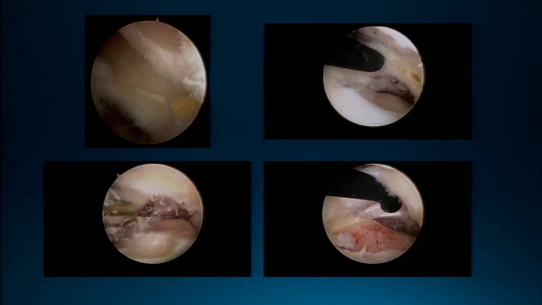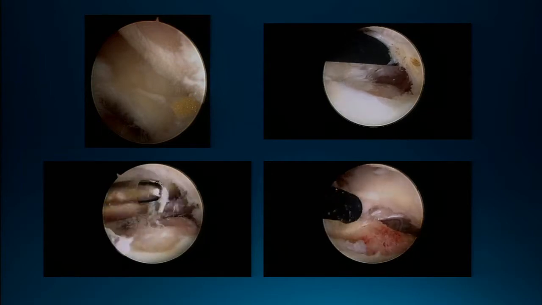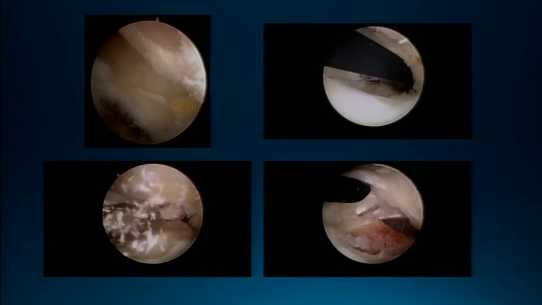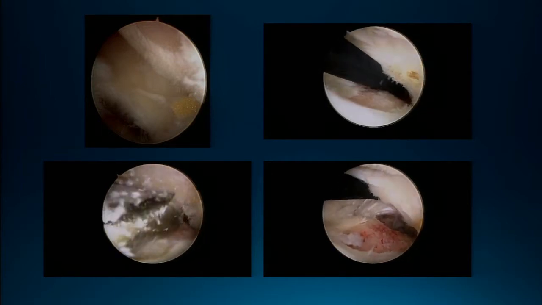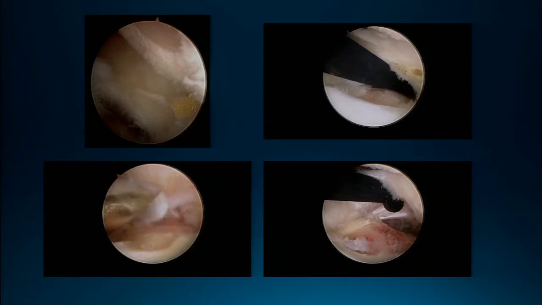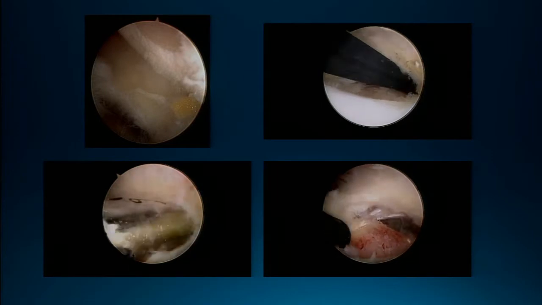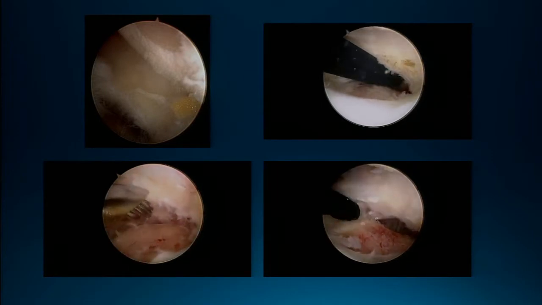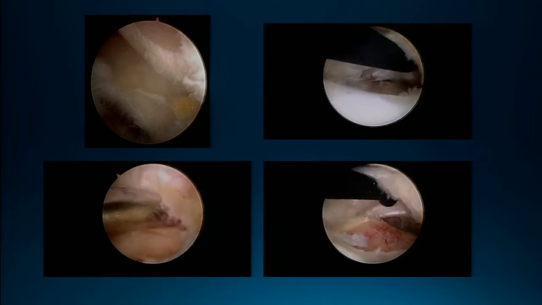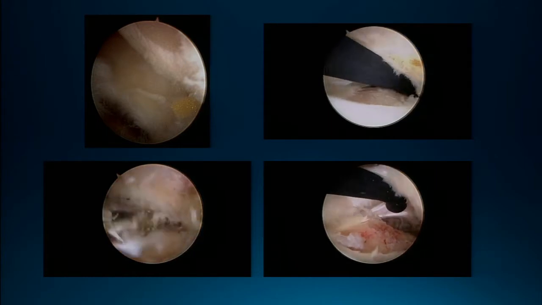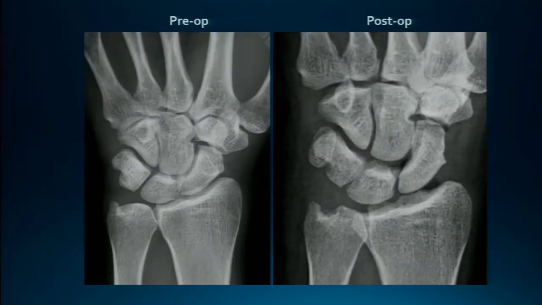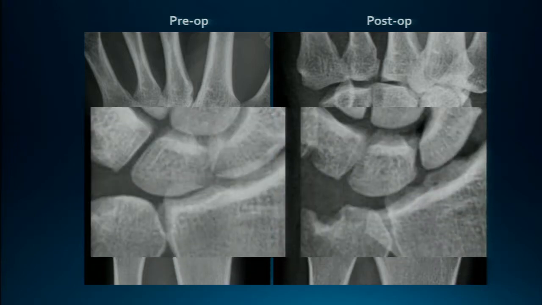Behind the TFCC, we can see the ulnar head. We resected 2 millimeters of the ulnar head with a surgical burr. And we can see the TFCC ligament in the right below video. After the procedure, he could quickly return to tennis coaching, and the X-ray is shown here.